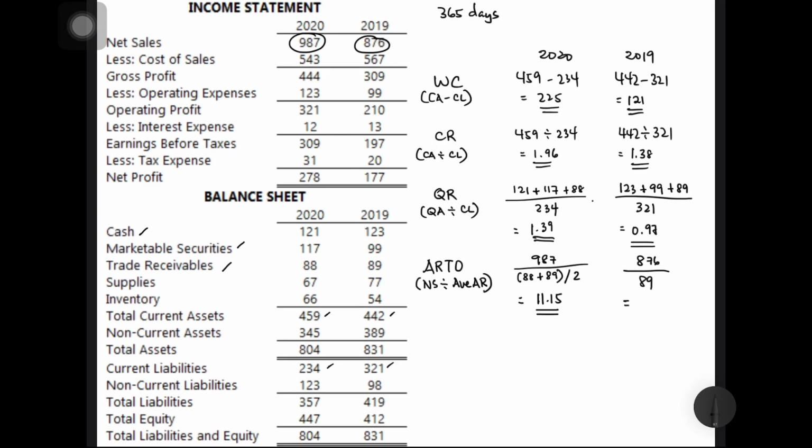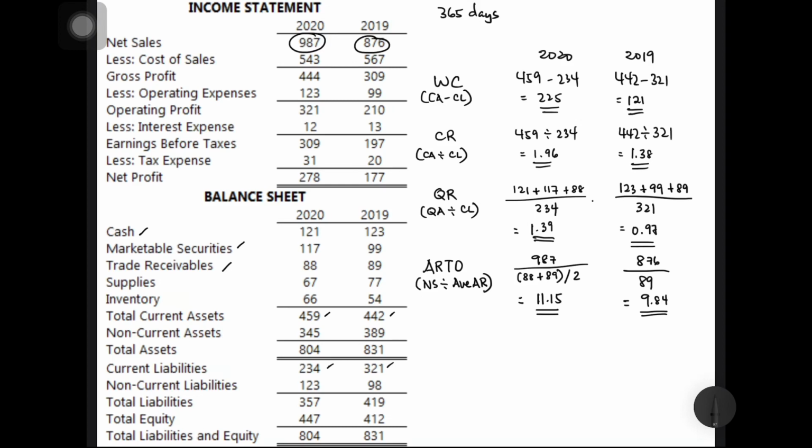Answer is 9.84. Again, averaging is only done if you are computing for a ratio that involves both statements, meaning one from the balance sheet, one from the income statement. You will be averaging the one in the balance sheet, like this one, accounts receivable turnover.